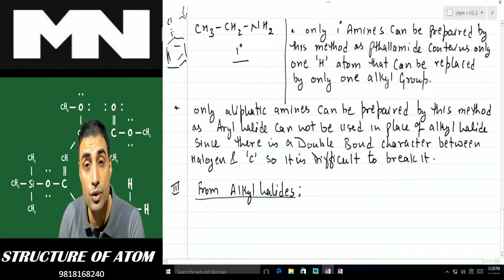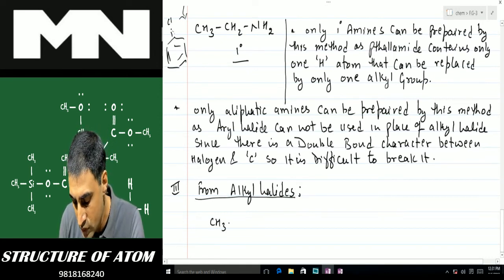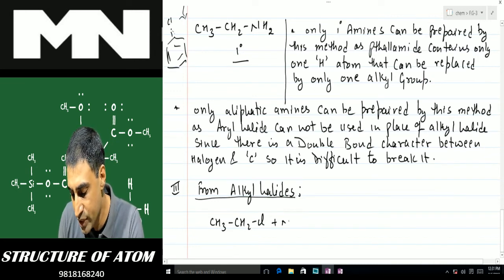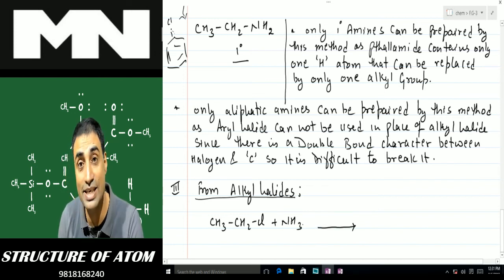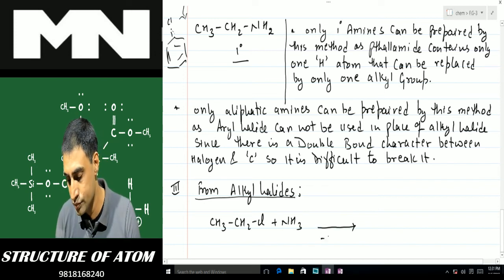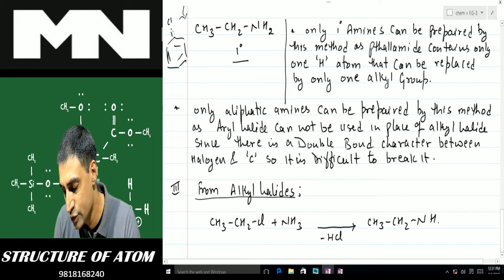Now let's see how to prepare them from alkyl halide. Suppose I have got a compound CH3CH2Cl, and I am reacting it with NH3. One H and Cl will come out as HCl. So you'll get a compound that is CH3CH2NH2.